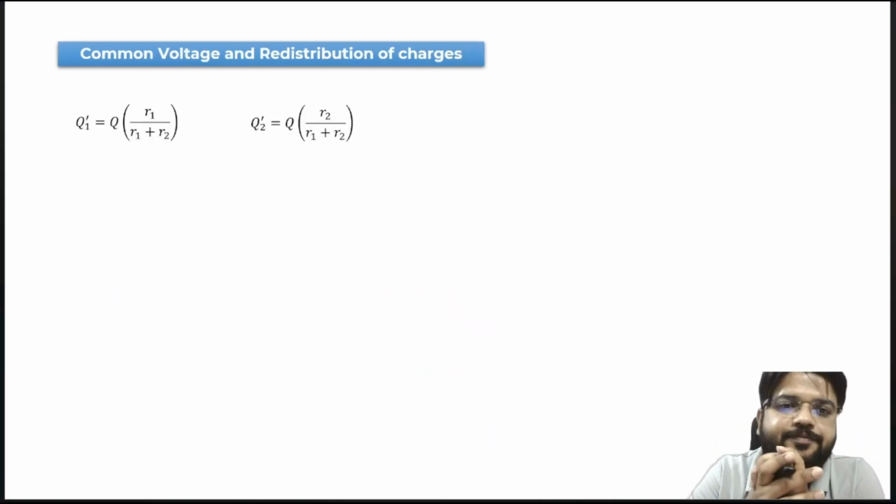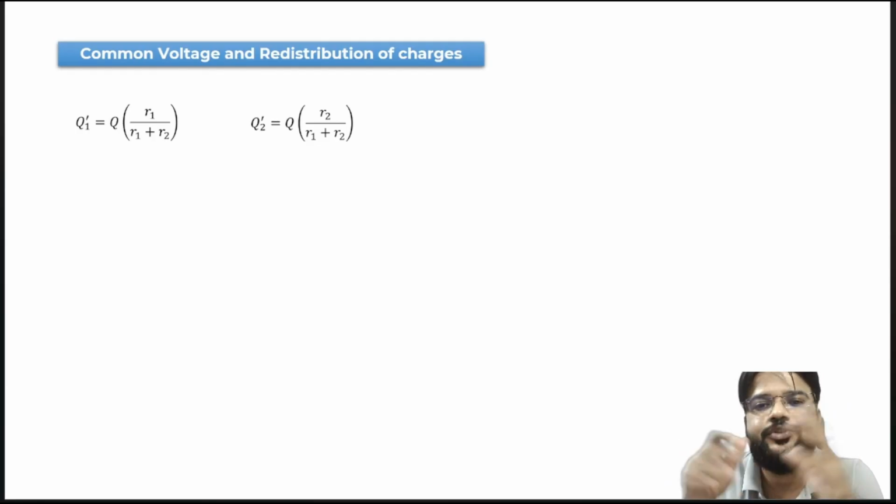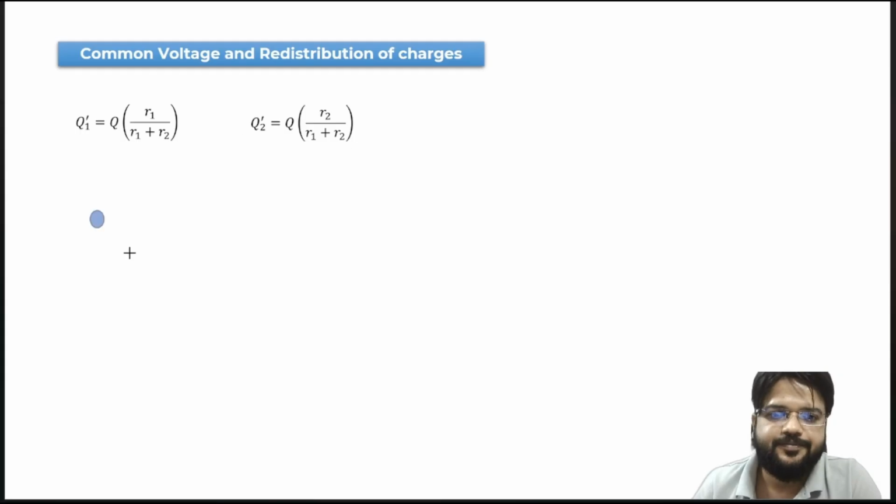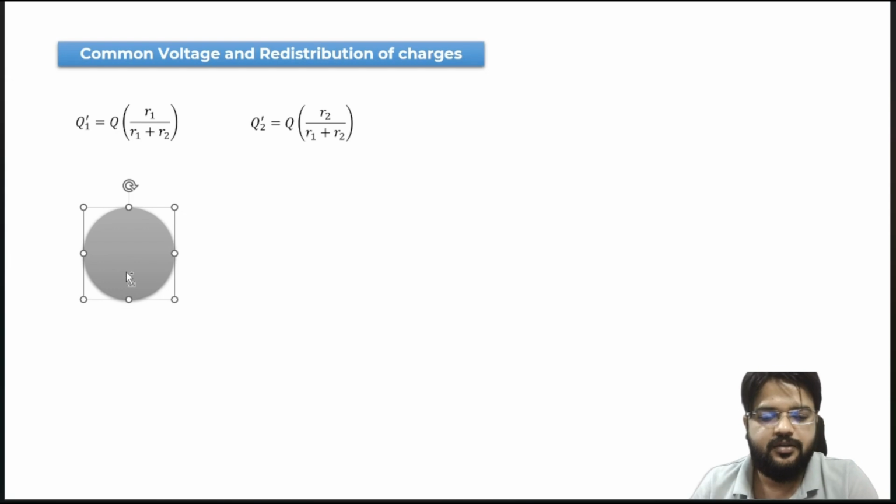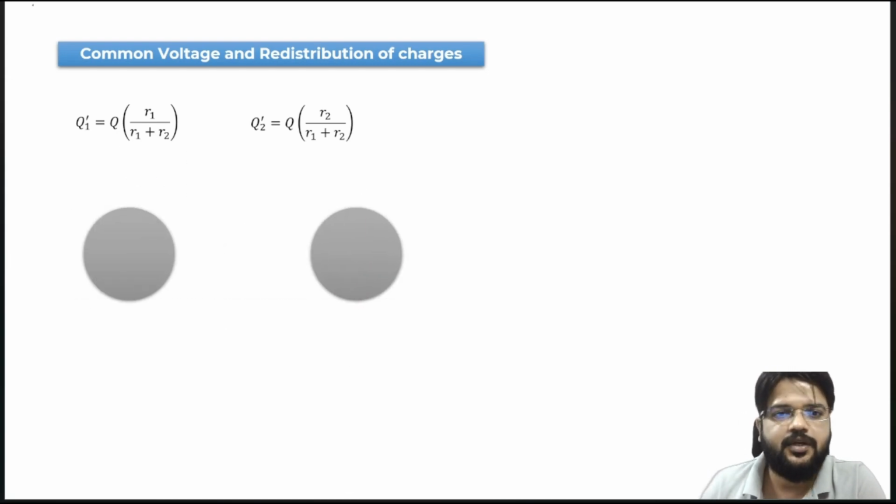Let's see the next slide, everyone. Common voltage and redistribution of charges. So what we are doing here, we have two conductors, conductor 1 and conductor 2.